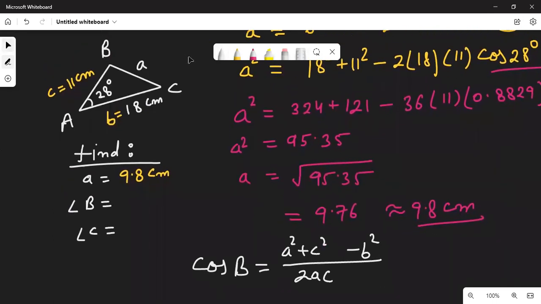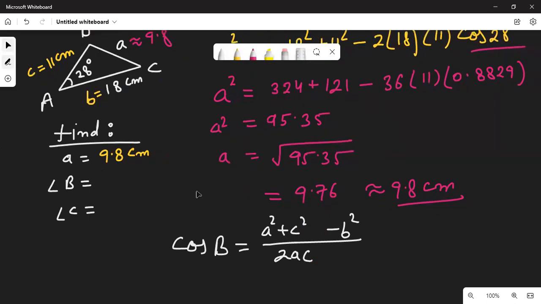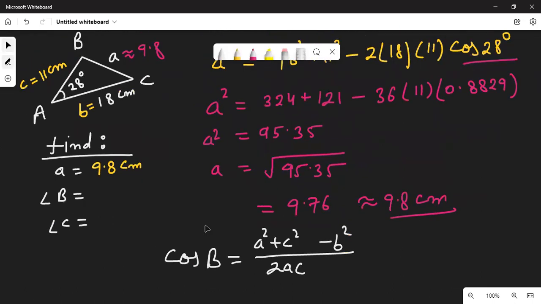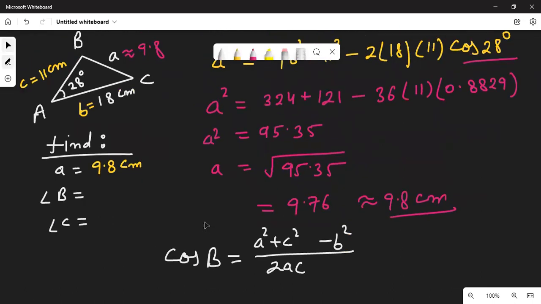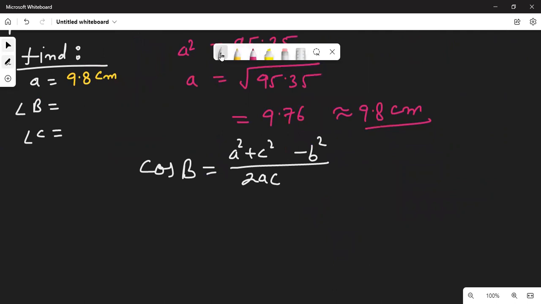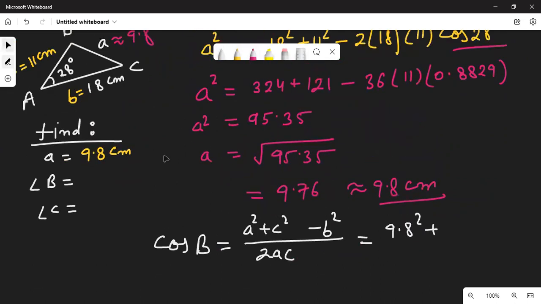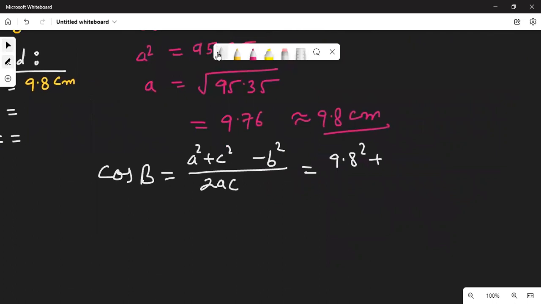This value of A has come out to be 9.8 approximately, so let us take it as approximately 9.8. So A squared plus C squared means 9.8 squared plus C was 11, yes, C is 11, plus 11 squared.